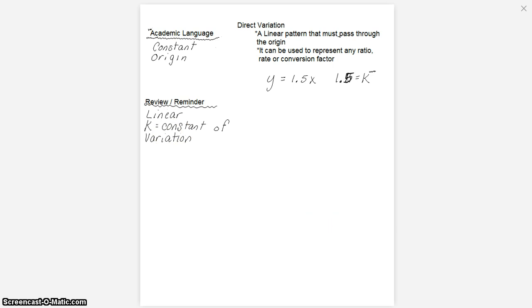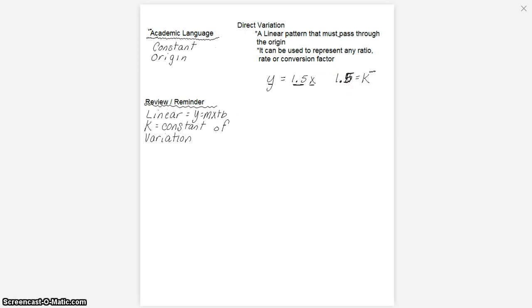Okay, and under linear, right next to linear under the reminder, I want you to remember y equals mx plus b, because that's something we know, and this is going to look very similar to that. You will see, though, that it's missing something. We have the y here, we have the slope, although we don't call it the slope here, we call it the constant of variation, and we have the x.